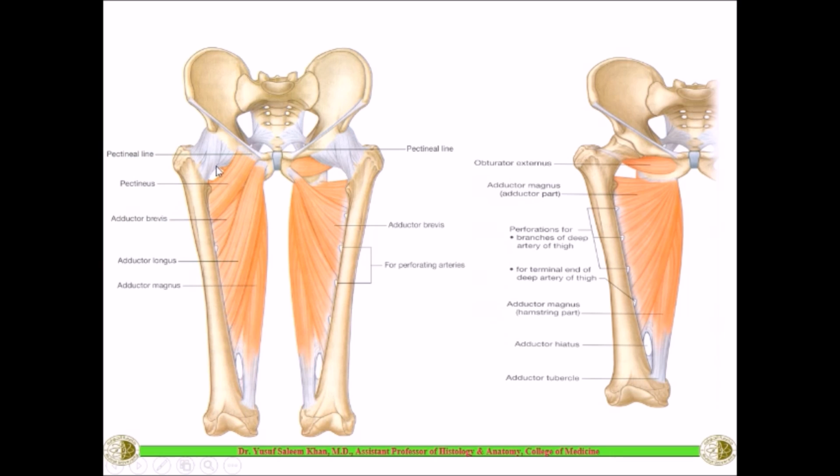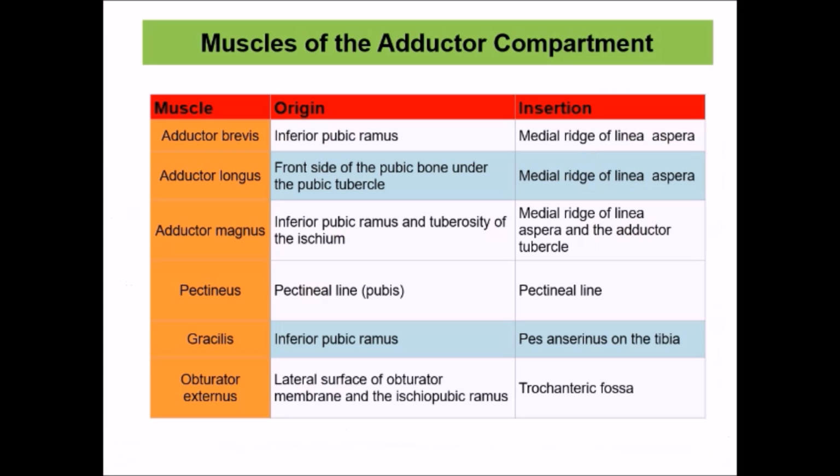And apart from that, you can also see the pectineus here, as well as the obturator externus. And the most medial here will be the gracilis, which is not seen in this picture, but you can imagine the presence of gracilis here. So these are the 6 muscles of this compartment.